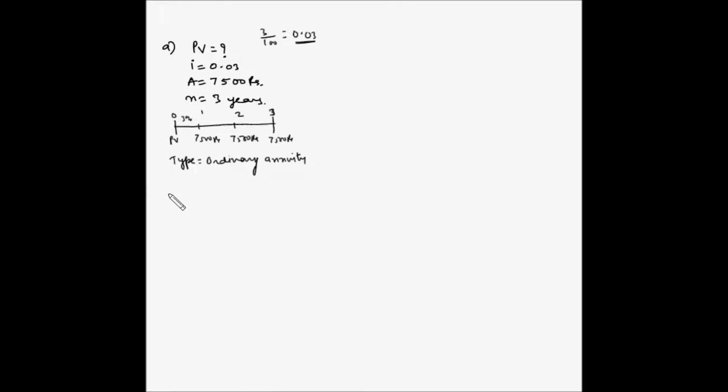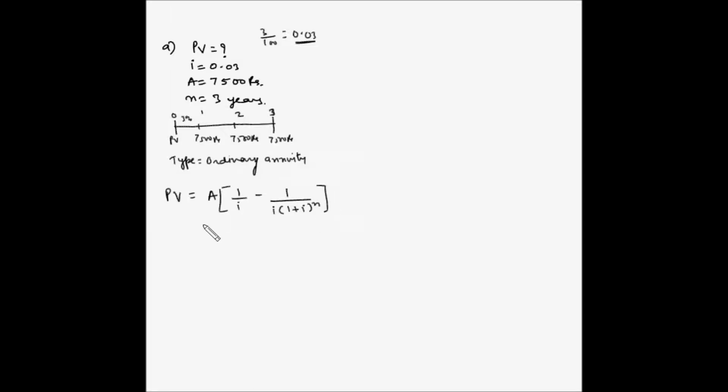So we have to find the present value of an ordinary annuity, and we know the formula for finding the present value of an ordinary annuity is A into bracket 1 divided by I minus 1 divided by I into (1 plus I) to the power n.